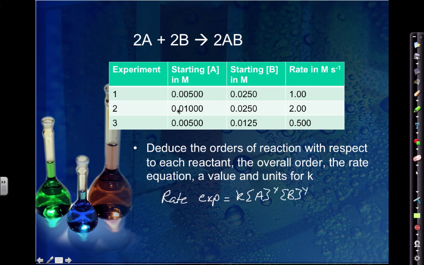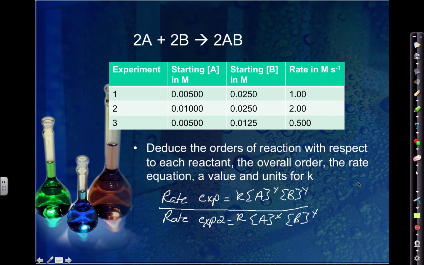And then what you do is you take another experiment and you divide it like this. So the rate of some other experiment. And then you can cancel out anything that's the same on the top and the bottom, and then simply solve for one of the exponents.